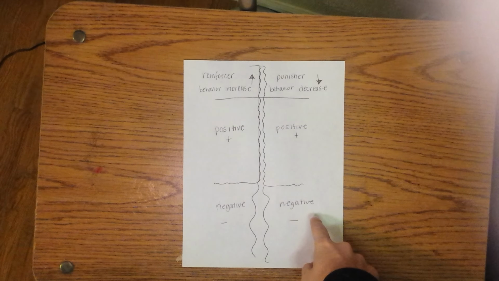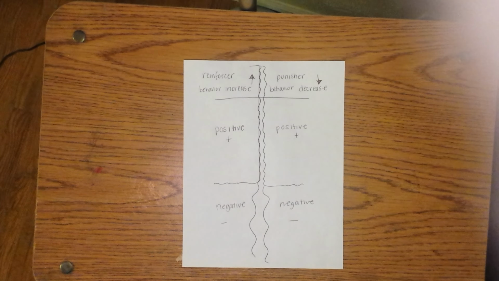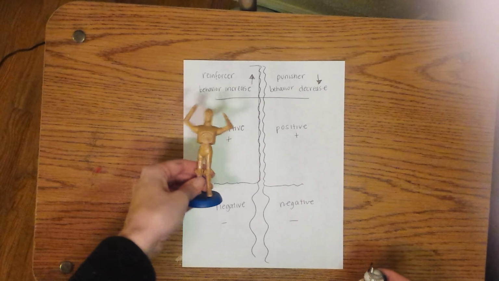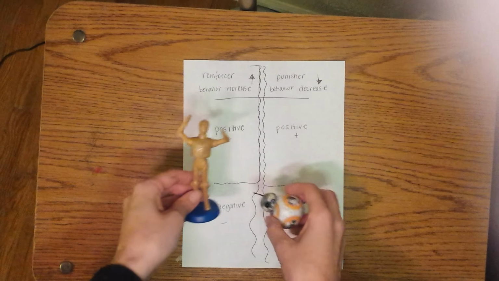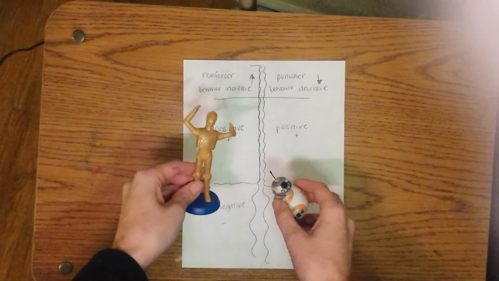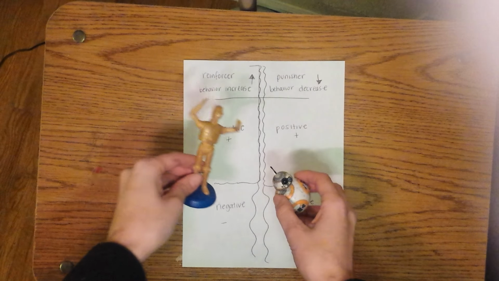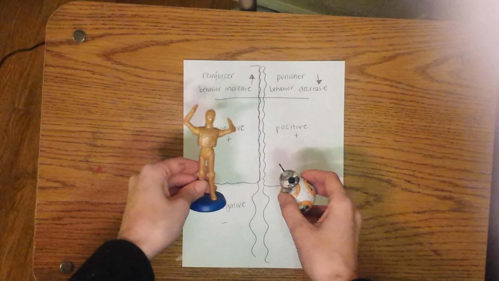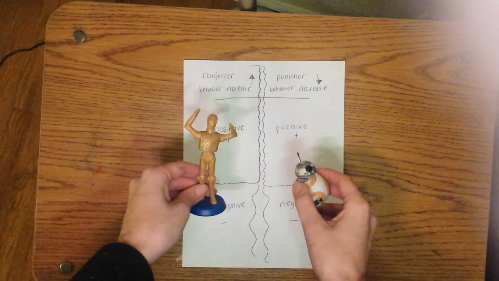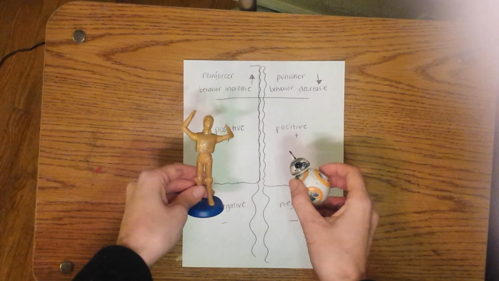So let's make this concrete with some examples. That BB-8, he's late every day. BB-8, you're gonna lose your sweet droid parking space if you keep being late. So what's happening? Do you think his lateness is going to increase or decrease?